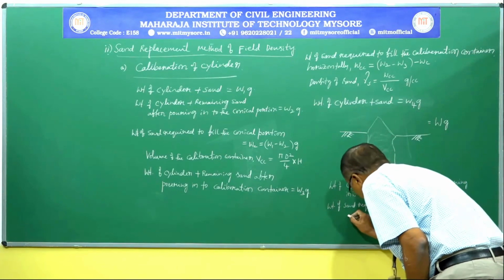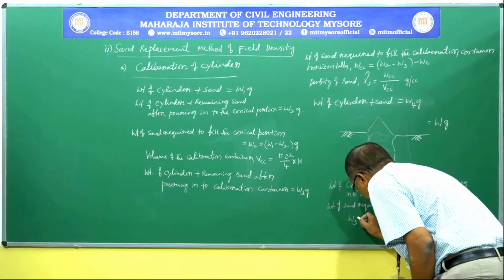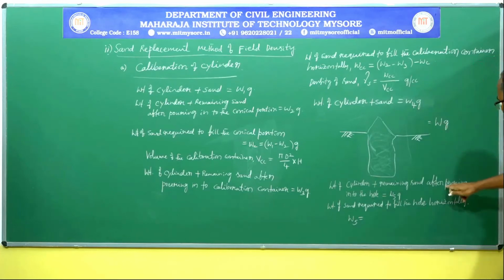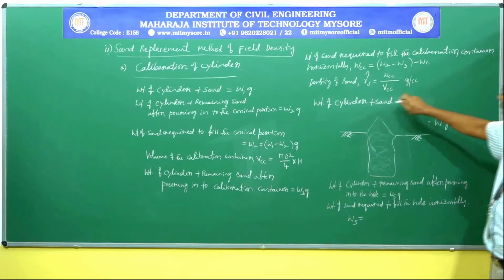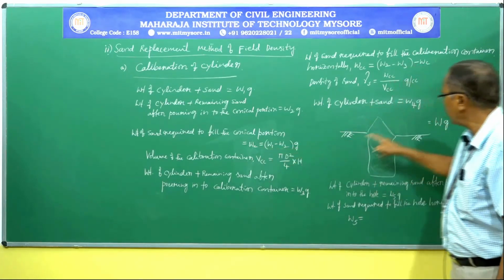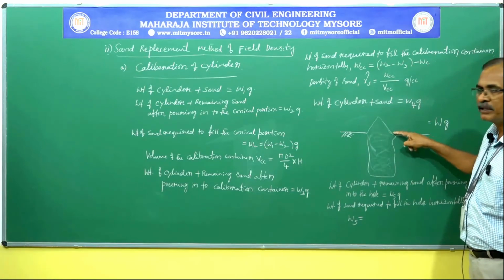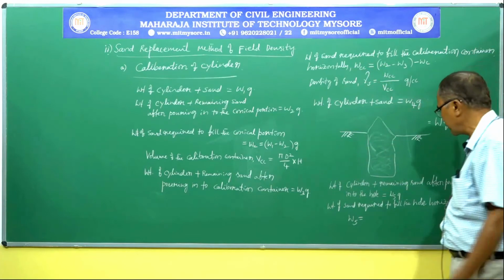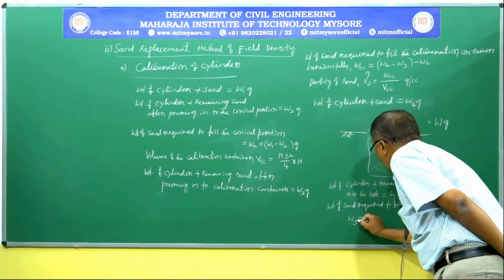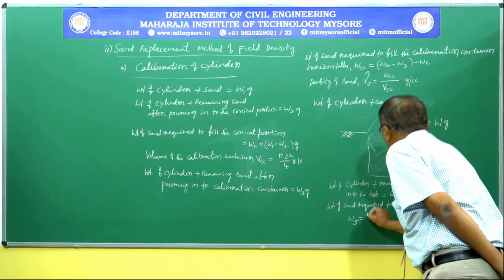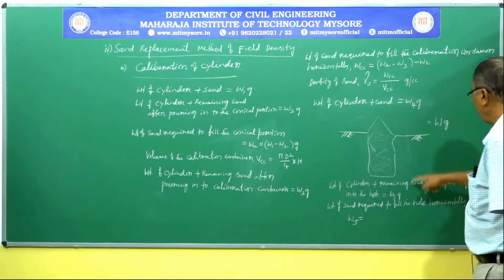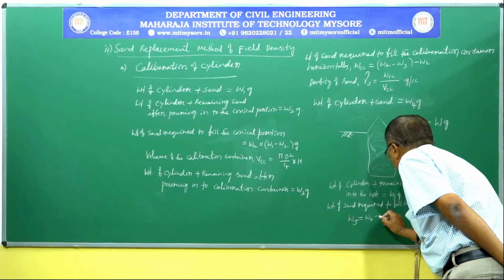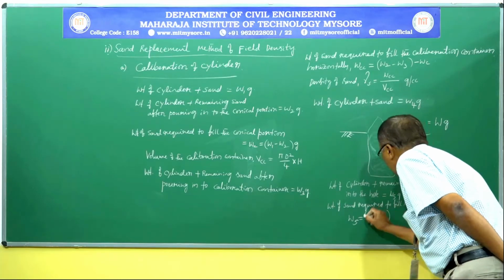is equal to, let us designate it as WS, that is equal to, use these two observations W5 and W4 along with this WC. So this heap is nothing but the conical portion, WC is the weight of sand required to fill the conical portion. WS is equal to W4 minus W5 minus WC, obviously W4 is greater than W5.